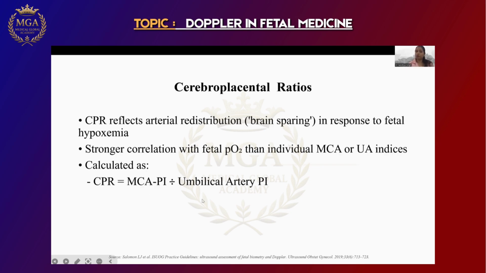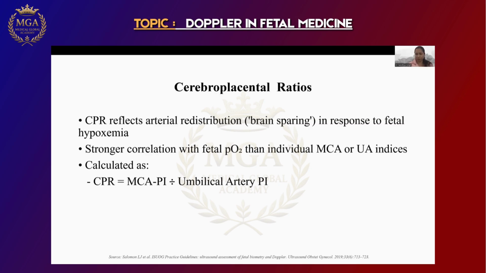So obviously, this becomes a better and more sensitive marker for hypoxia than MCA alone. I hope you understand. See, CPR is MCA PI divided by umbilical artery PI. So in this marker, we have included the brain, the body's coping ability, and the supply, the umbilical artery also. So CPR is very sensitive. It will become abnormal before the MCA.